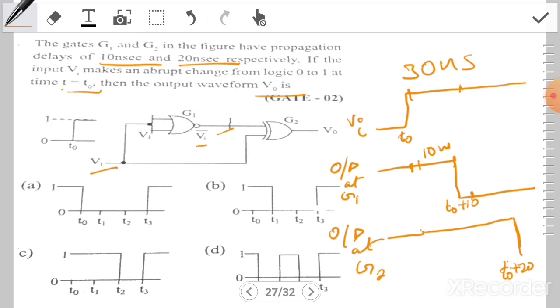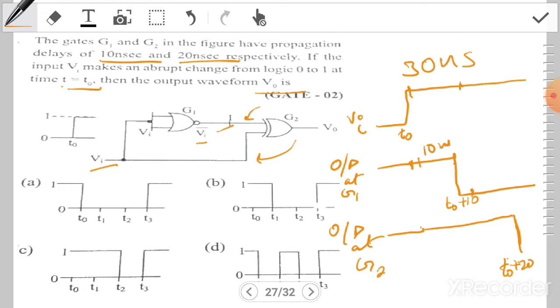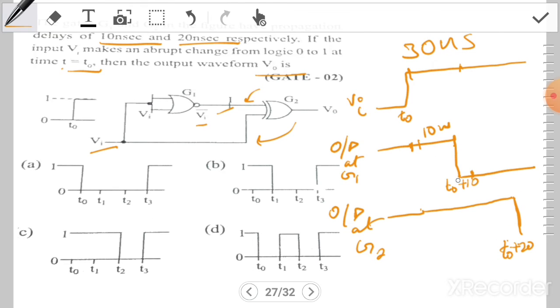Since the output at G2 responds to both the change at G1 and Vi, there is a delay of 10 nanoseconds on the input side and 20 nanoseconds at the output, so a total of 30 nanoseconds.